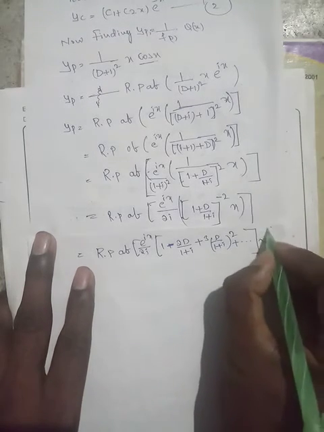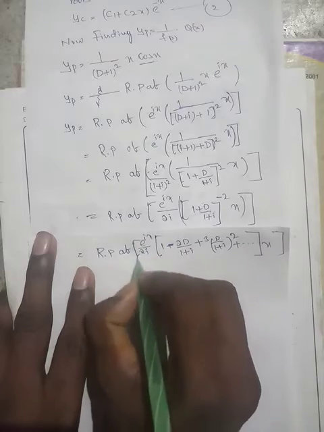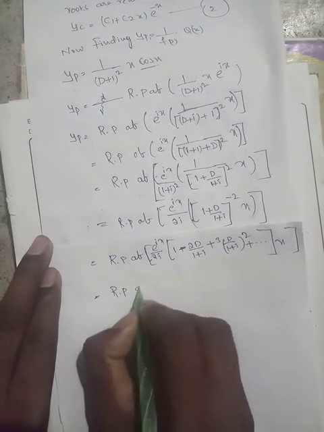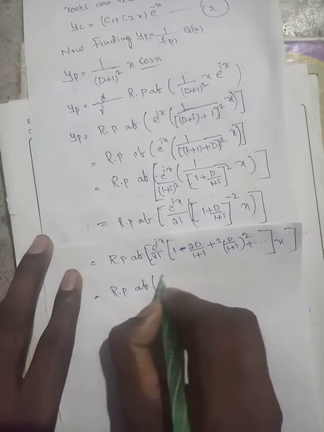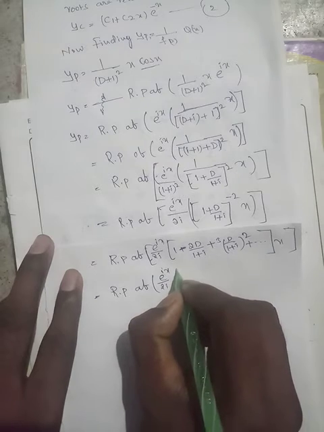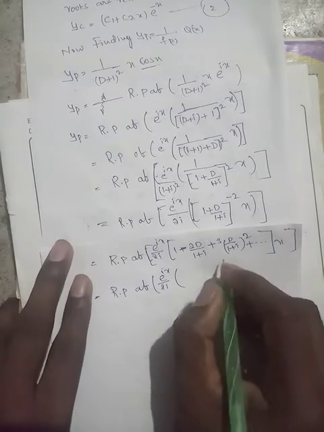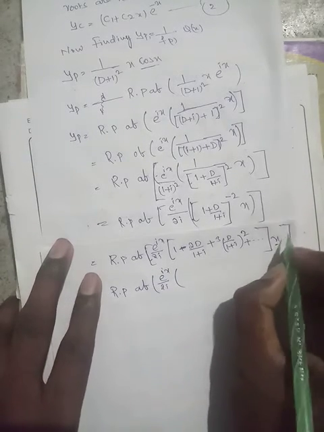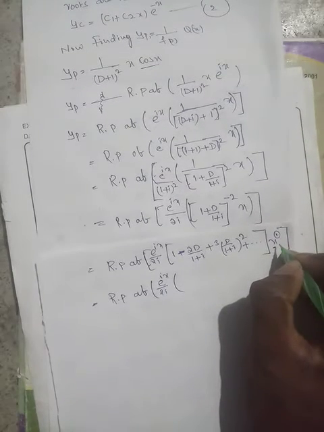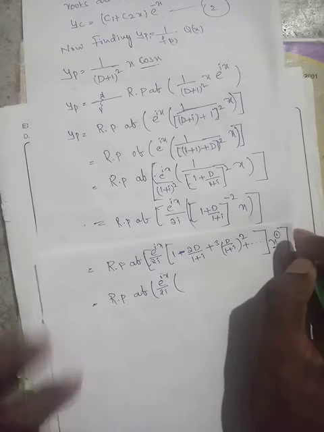Okay, so here the real part of e power ix by 2i. See, here we are having x, a multiple of x, and the power of this x is 1 only.